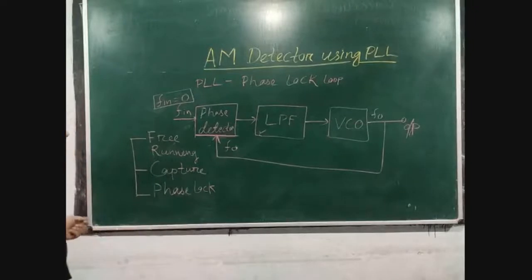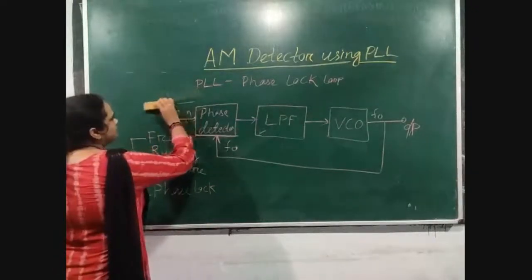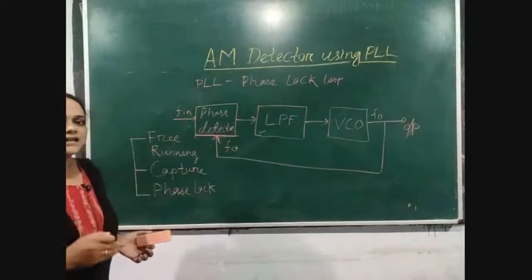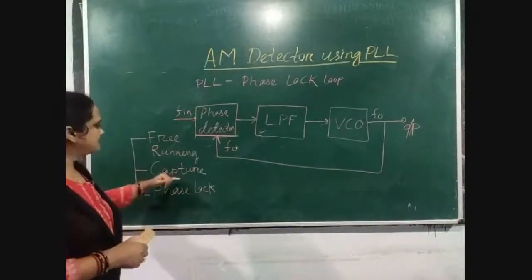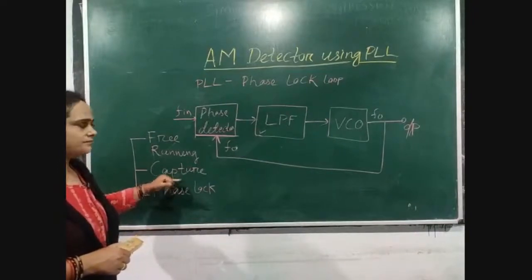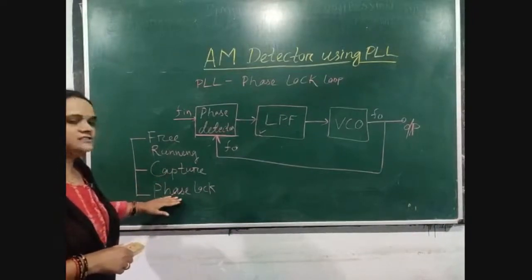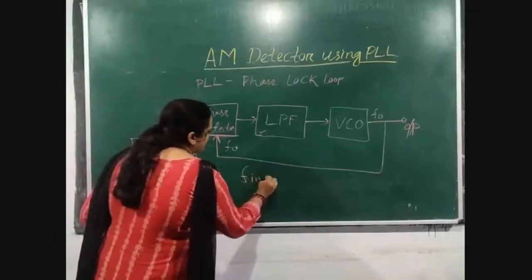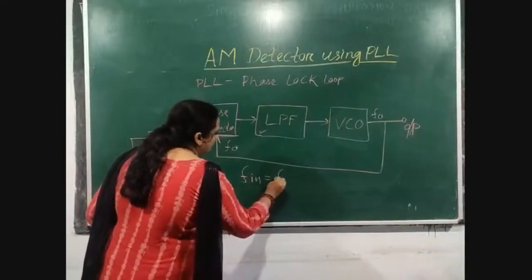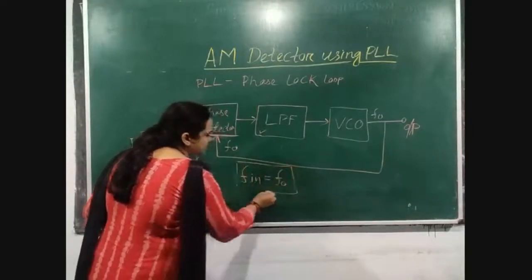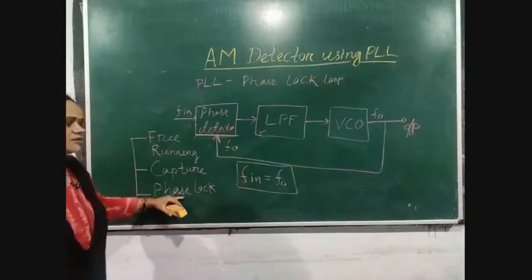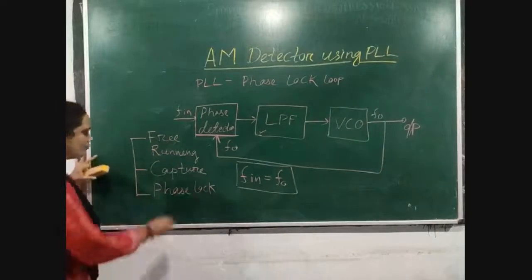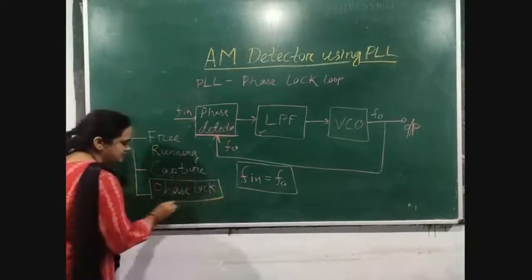After that, when we give input signal to the phase detector, the frequency of the VCO starts to change. That state is known as capture state. Last one is the phase lock state. When Fin equal to F0, this state is known as phase lock state, and in AM detector using PLL we use this state.